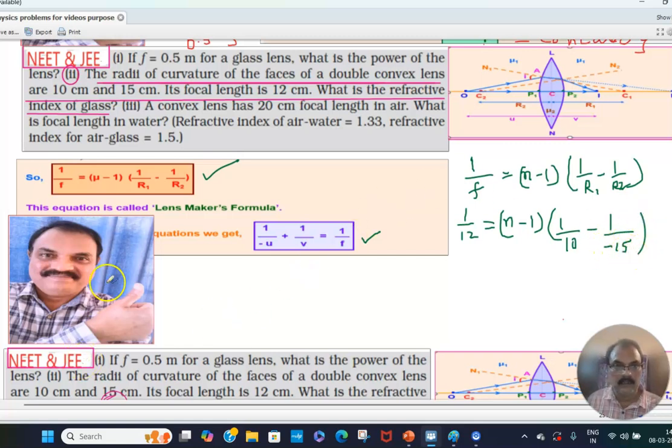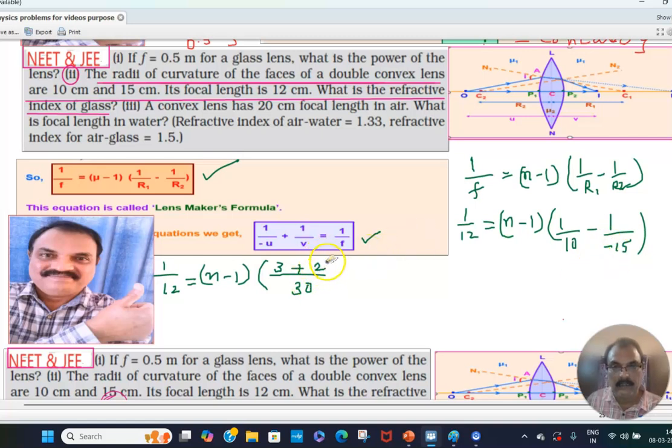So 1 by 12 is equal to (n minus 1) times a bracket. Here, minus of minus becomes plus, so the LCM becomes 30, this becomes 3 plus 2.